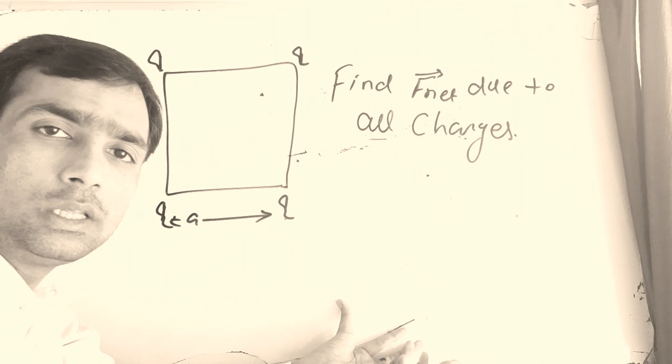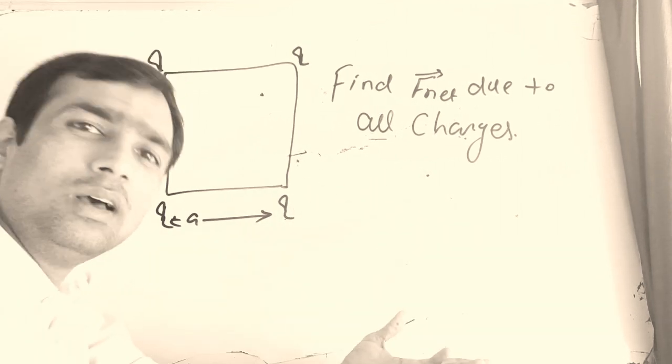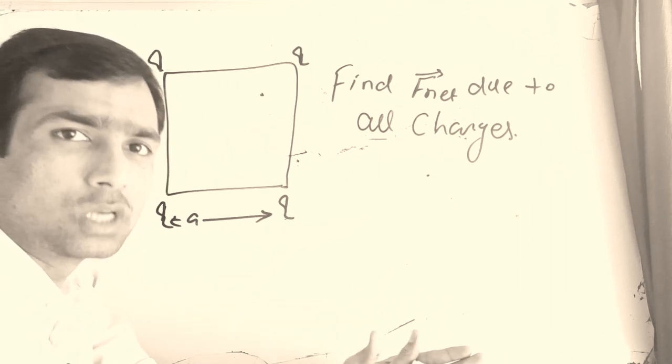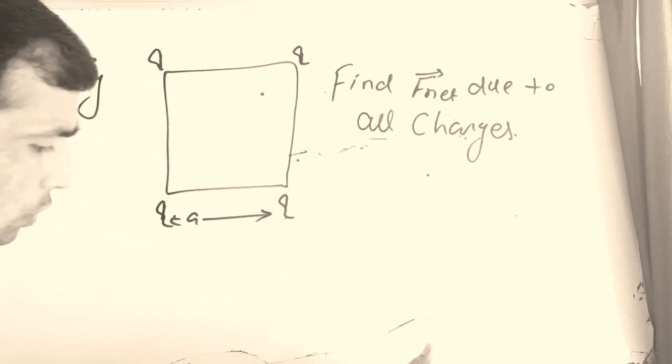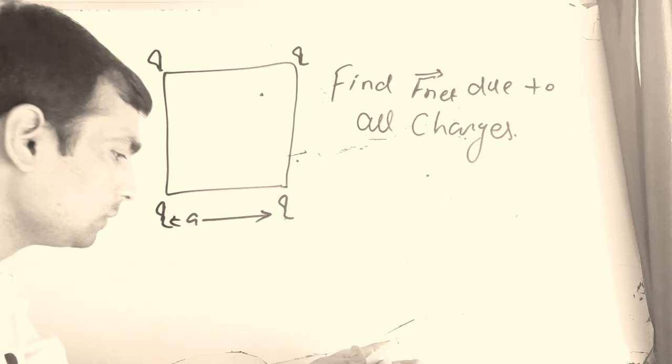Find F net due to all the charges. Student, take a screenshot. I need some space because I will always solve the numerical step by step: 1, 2, 3 and so on. So basically I'm going to proceed with the question by step number 1, right student? I hope you have already taken a screenshot for the question, or you can write along with me.